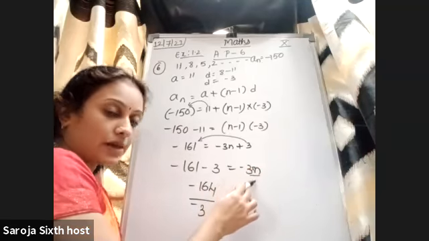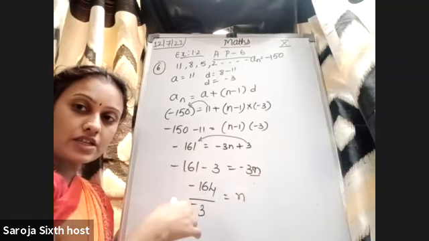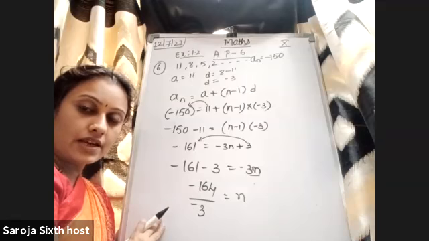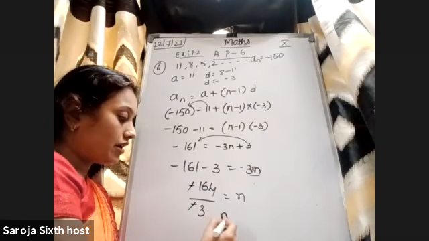This 3 is multiplied with the N, and when it shifts this side, you will get divide. Is it clear? Yes. So here the minus signs get cancelled. So N value is equal to 164 divided by 3.